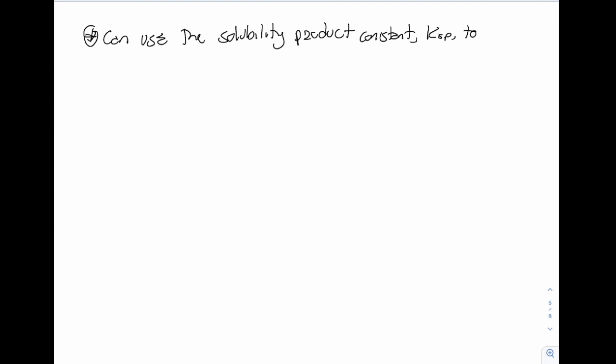So we can use the solubility product constant to calculate the solubility of the compound.